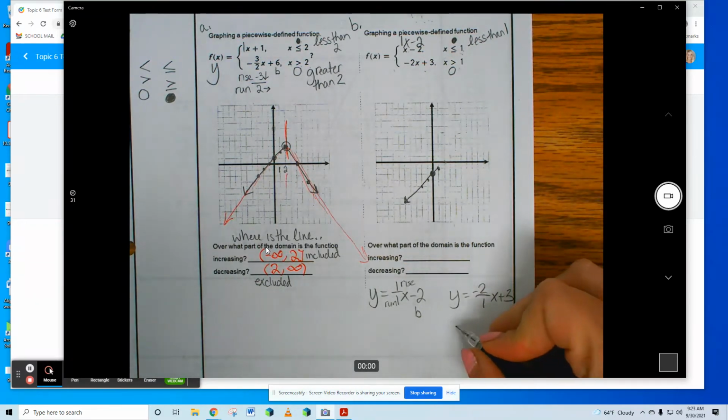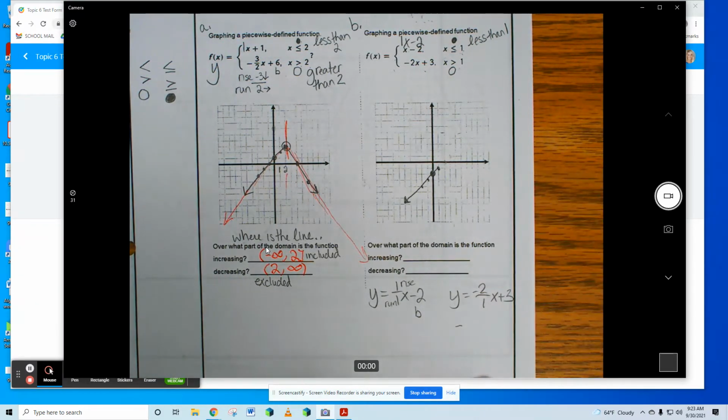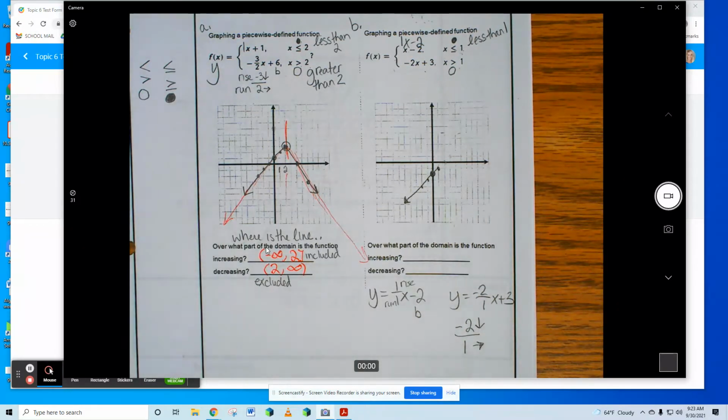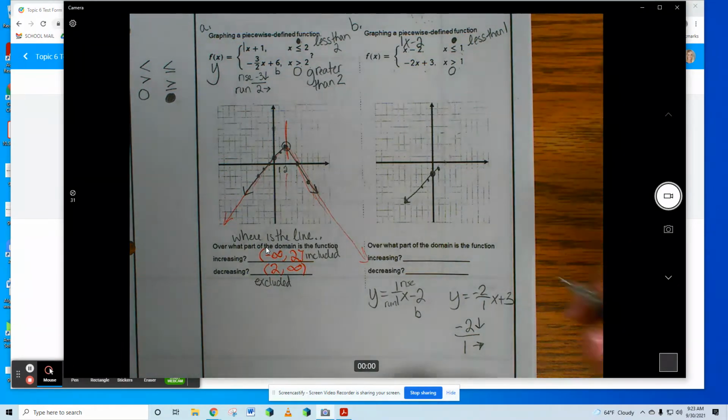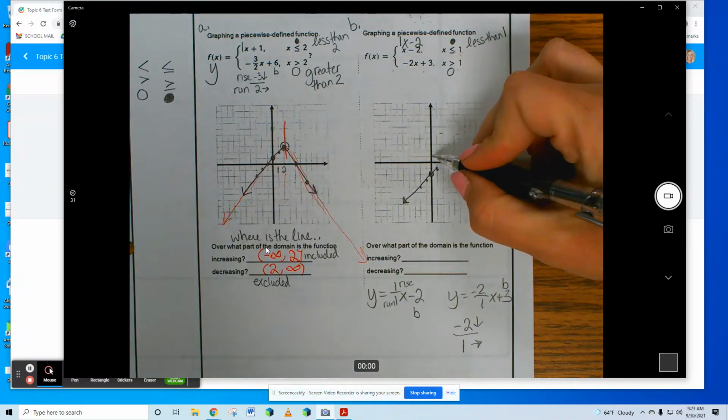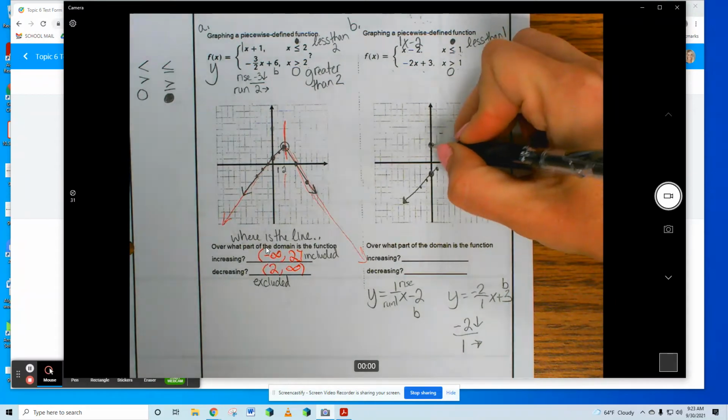If my slope, y equals negative 2x plus 3, if my slope is negative 2, that means I rise down 2 and I run 1 to the right, positive 1. The negative sign goes with the numerator. All right, begin at 3 and then rise and run. So begin at positive 3. That's my y-intercept.